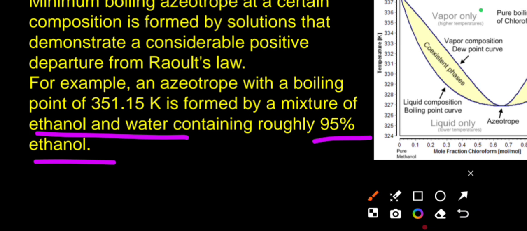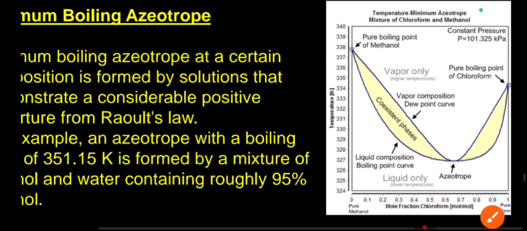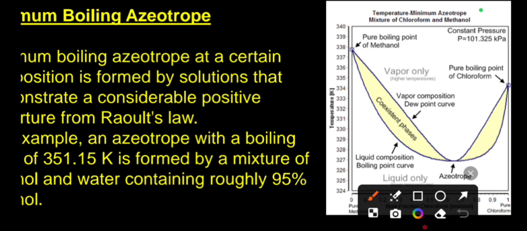It is 95% ethanol. So you can see this graph. In this graph they have taken methanol and chloroform. You can take ethanol, because in your syllabus ethanol and water is given, but here I have taken the example of methanol and chloroform.